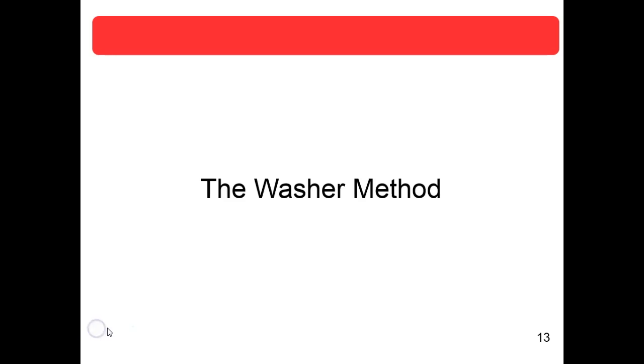Okay. All right. So what we've done up till now was what they call the disk method, which basically meant, originally we started off with the horizontal axis, a horizontal axis being the bottom of your rectangle, and you're revolving that around.